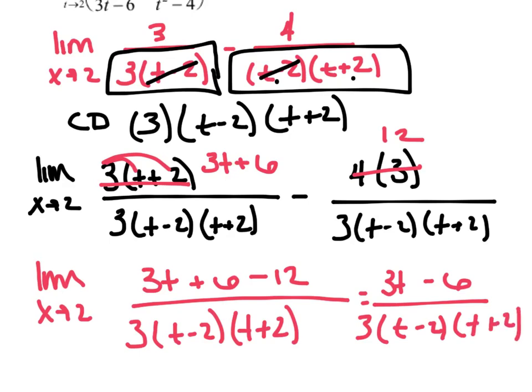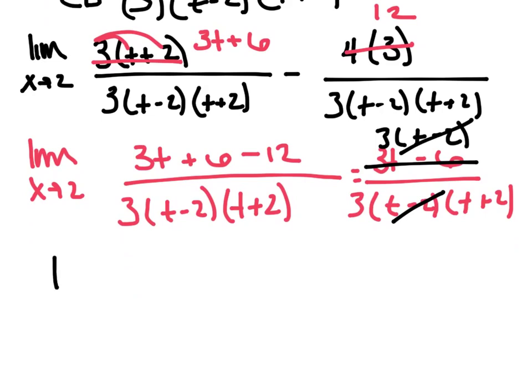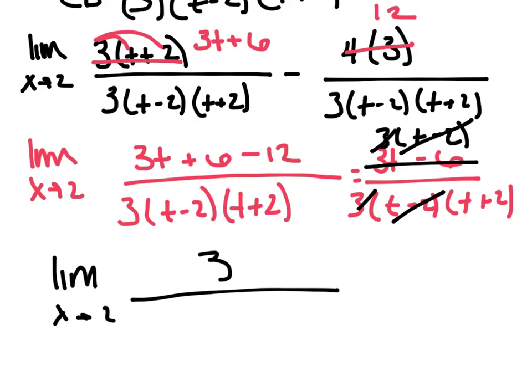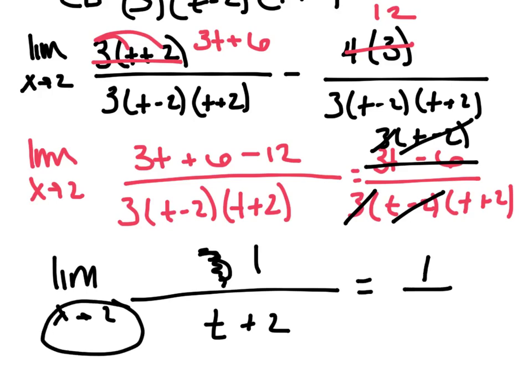And let's see, I can factor out the 3 here, and I get t minus 2, which tells me those cancel. So I'm left with the limit as x approaches 2. On top, oops, I can cancel those 3's as well, which is awesome. So basically I have 1 over t plus 2. Now I can substitute in the 2 for t, and I get 1 over 4.